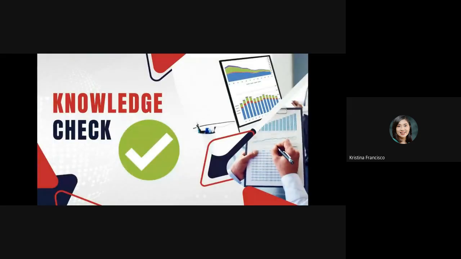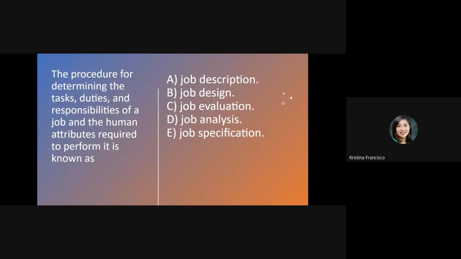So let us first have a knowledge check to see whether you are still with me. What do we call the procedure for determining the tasks, duties, and responsibilities of a job and the human attributes required to perform it?